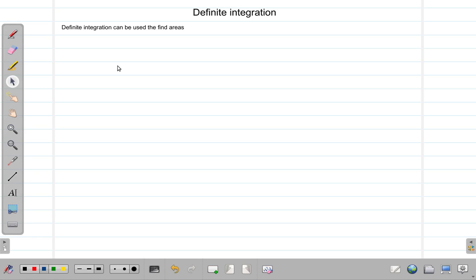Let us look at definite integration, and we're going to see that definite integration can be used to find areas.